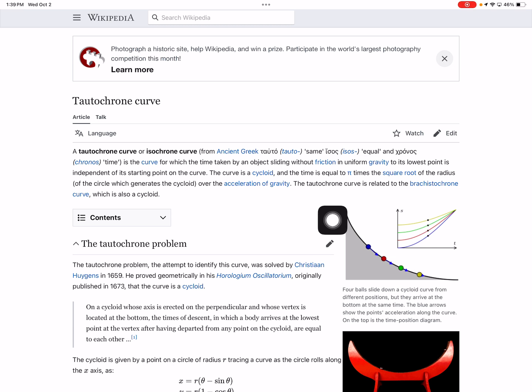So that's the inverted cycloid. And what are you guys seeing there? No matter where the ball starts, they all reach the bottom at the same time. Amazing. So that happens to be the fastest curve, and it also happens to take a specific amount of time.